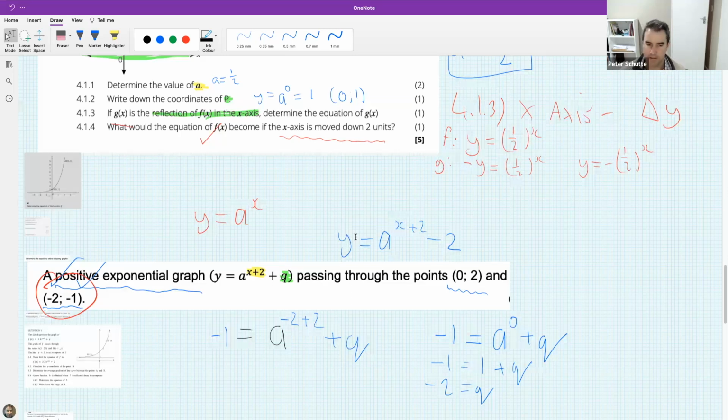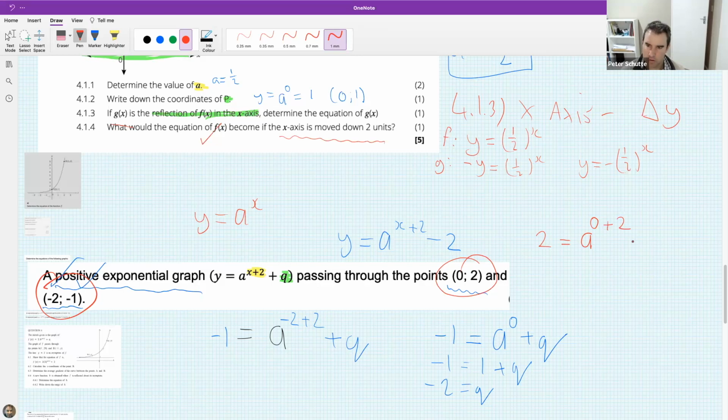What's a going to be? I guess I have to use the other point. The other point was 0, 2. And if I sub that in, what am I going to get? I put a 2 where my y is, and I put a 0 here.